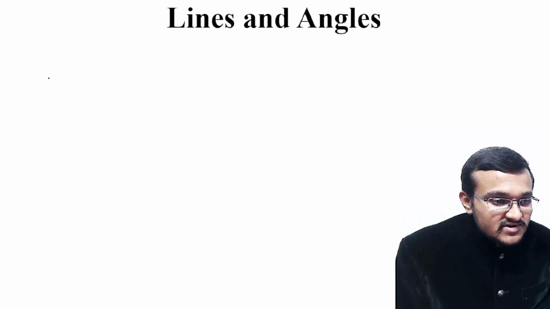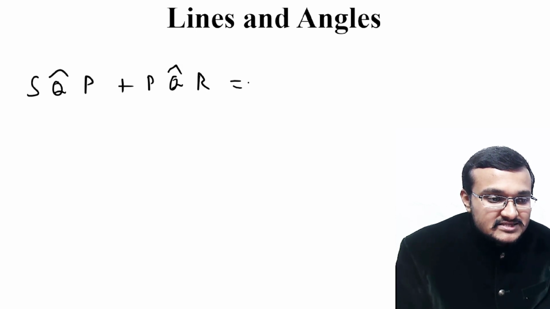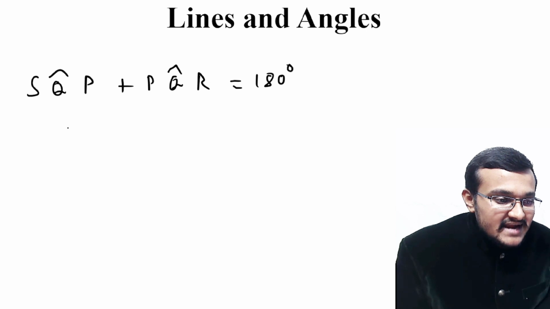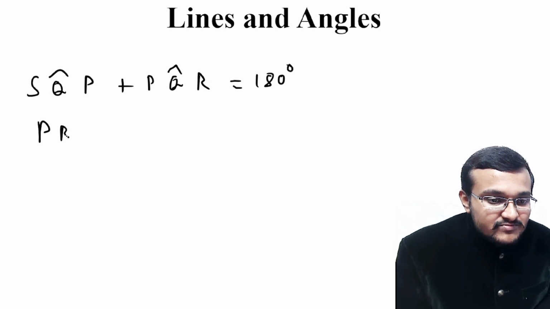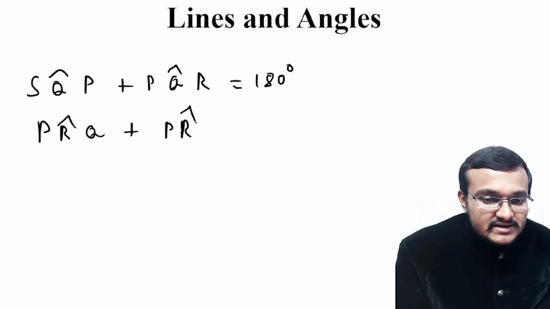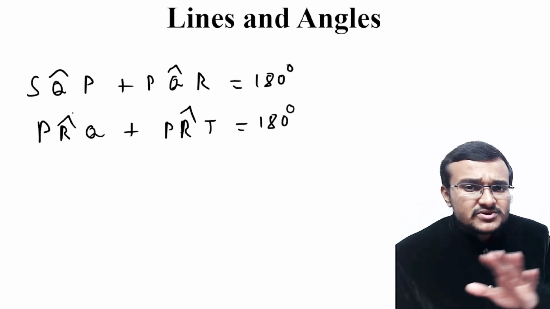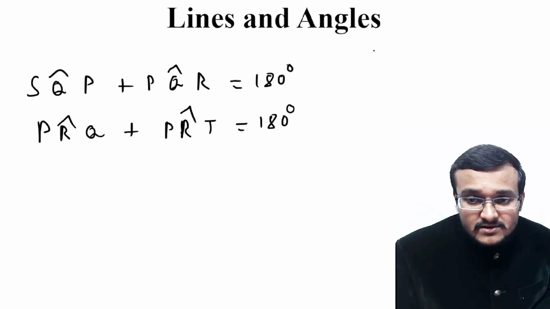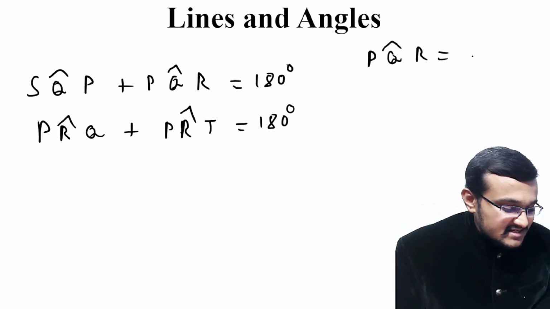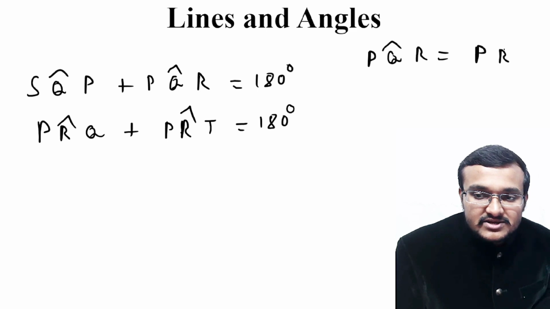Both the equations we will write here. One we have got as SQP plus PQR is equal to 180 degrees. In the second equation, we are getting PRQ plus PRT as 180 degrees. They have given one more data here, that is PQR is equal to PRQ.